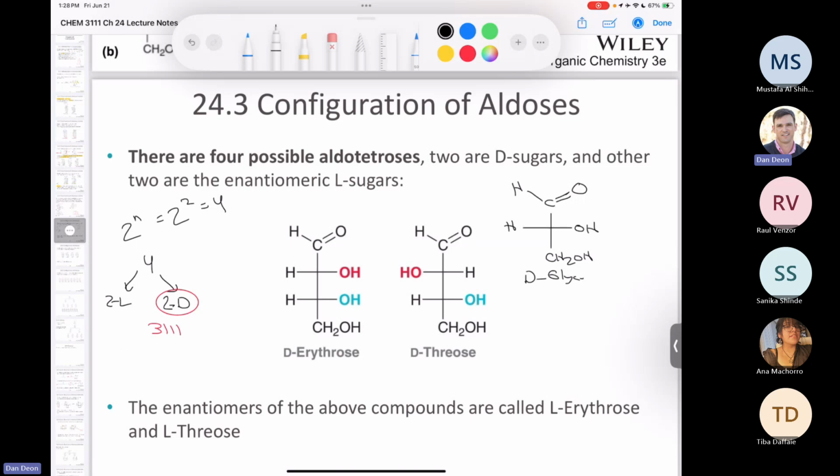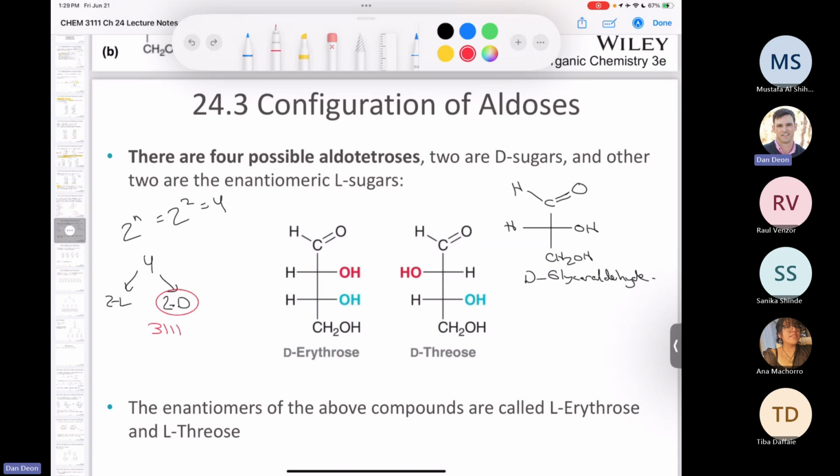So D-glyceraldehyde, all right? The hydroxyl is pointing on the right-hand side. So what we're doing essentially is we're adding an extra chiral center in there, okay? And then we have the possibility of the hydroxyl being on the right or the left. And so these are 2 diastereomers.